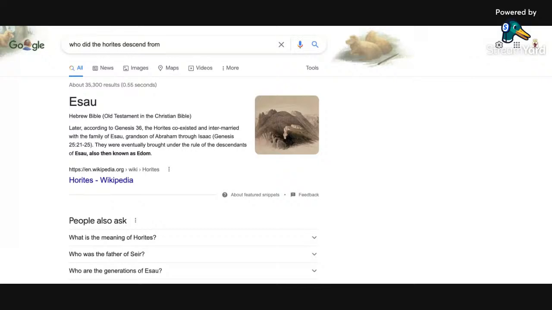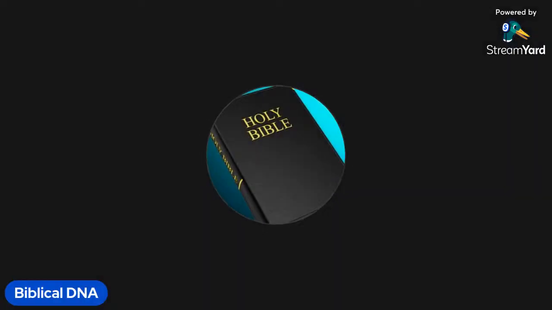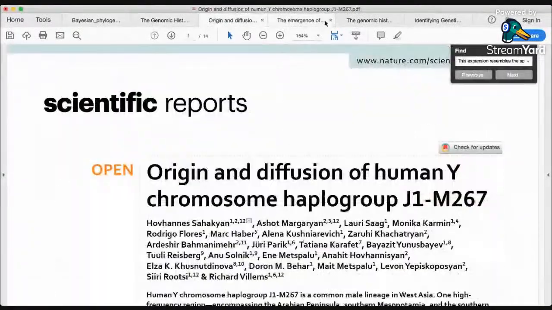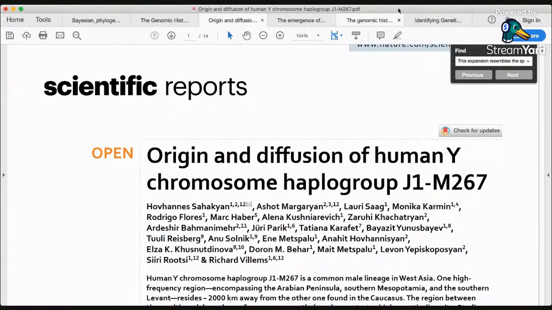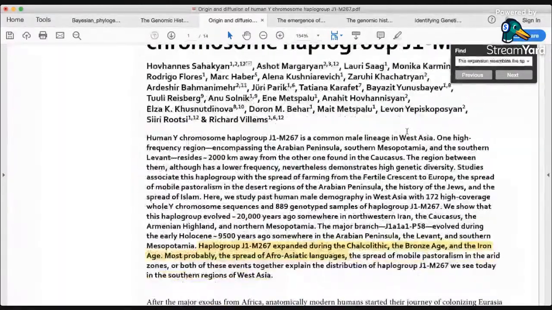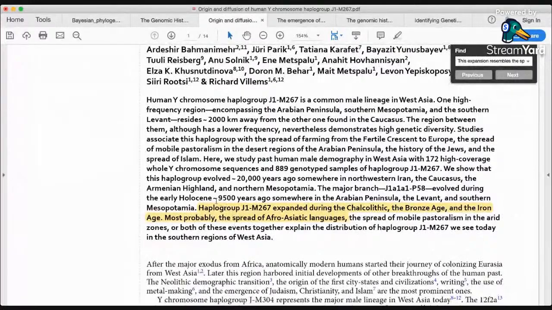All right. The next website I want to go to is the paper on Haplogroup J1-M267 expanding during the Chalcolithic, the Bronze Age, and the Iron Age. So I'm going to get that up for y'all. So this is the quote right there.